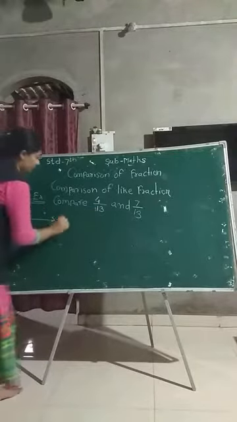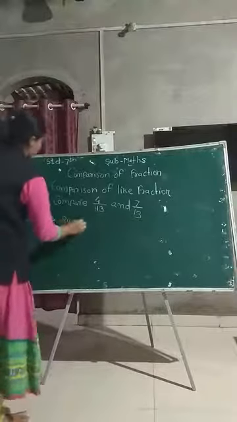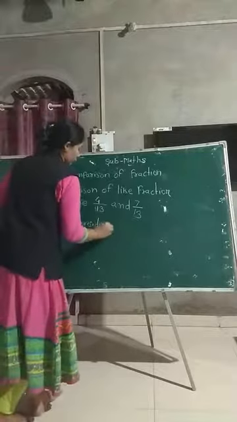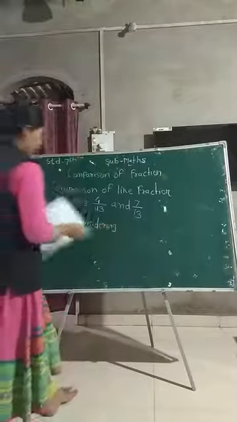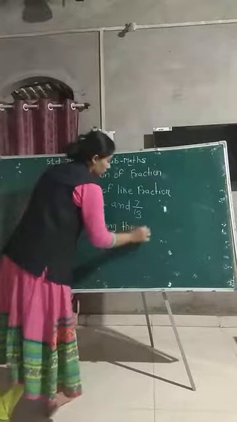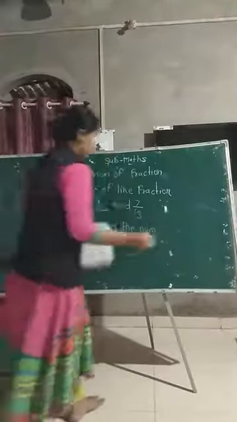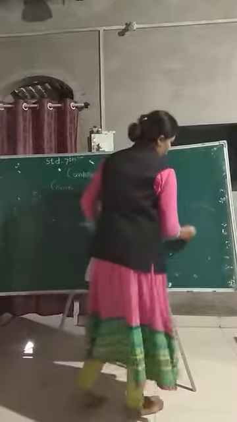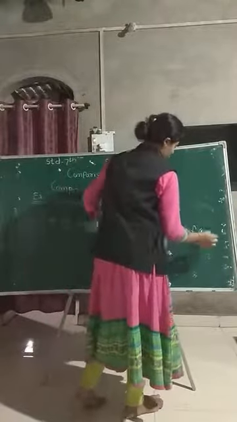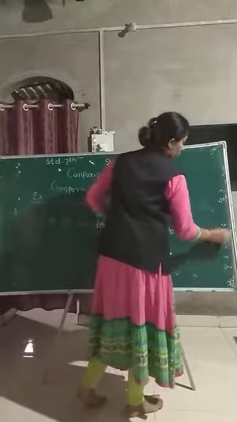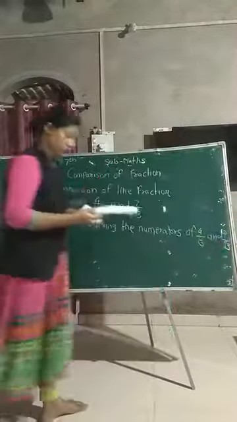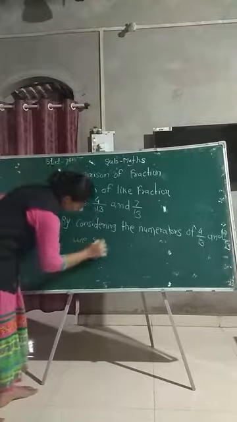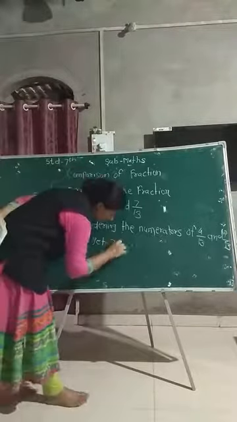By considering the numerators of 4 upon 13 and 7 upon 13, we get 7 is greater than 4.